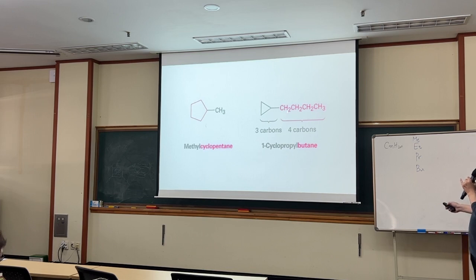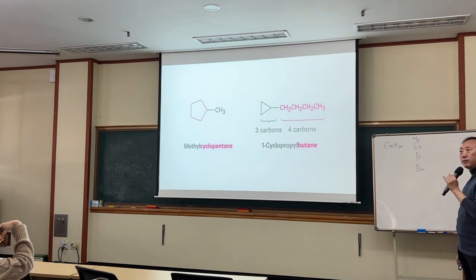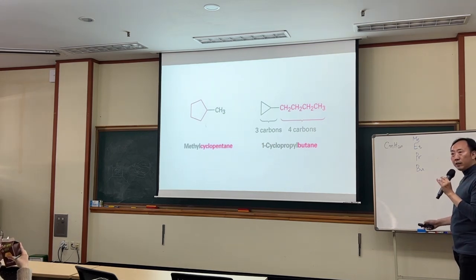If it's butyl cyclopropane, then again you don't need to give number because it has only one position to add. But if you go the other way, cyclopropyl butane, then you have option of 1, 2 different options, right? That's why you need to give one cyclobutyl, one cyclopropyl butane.